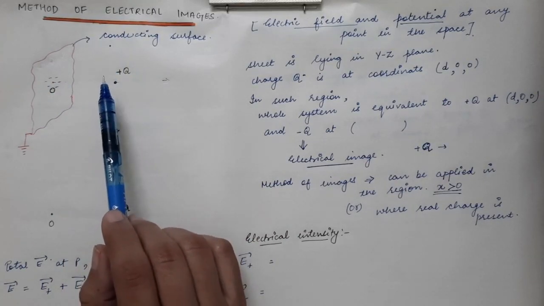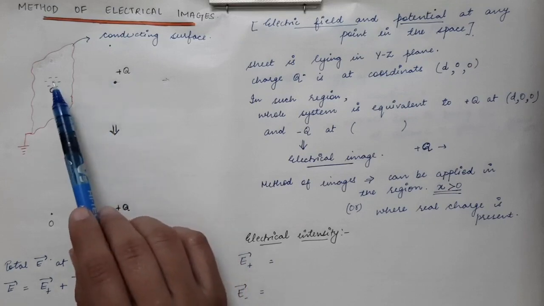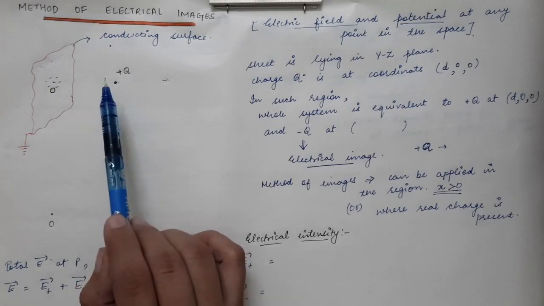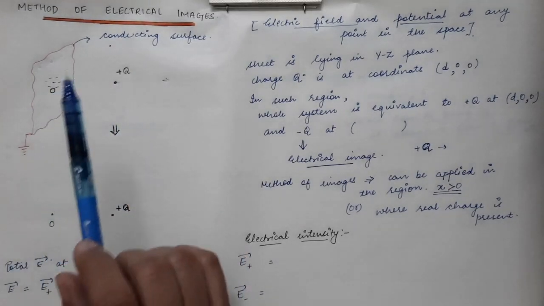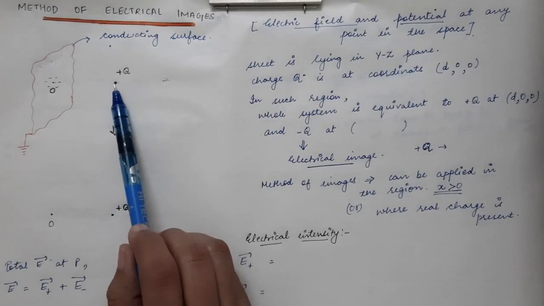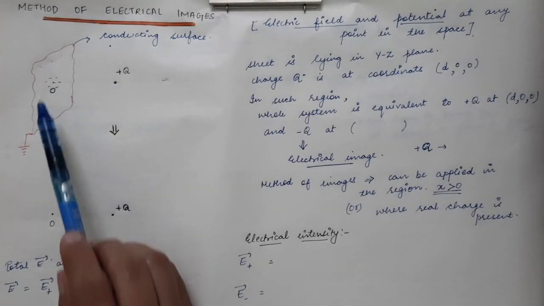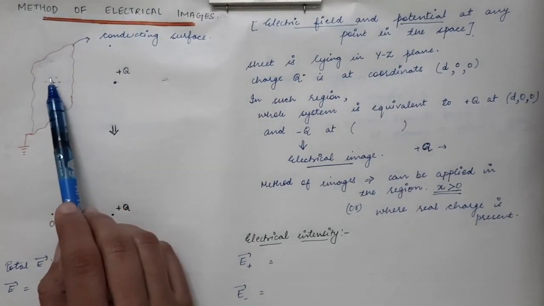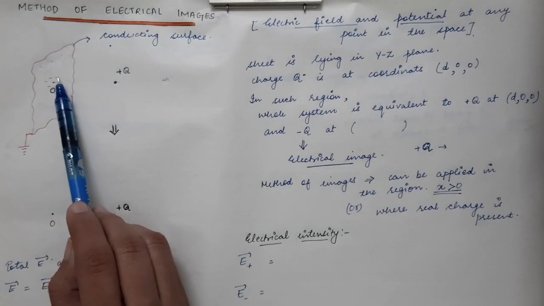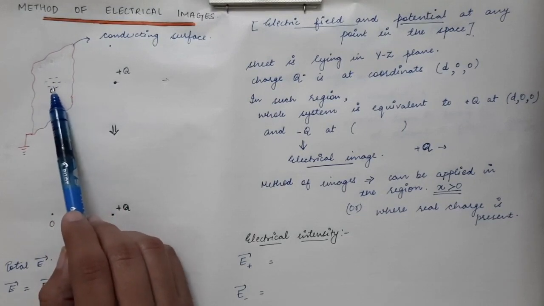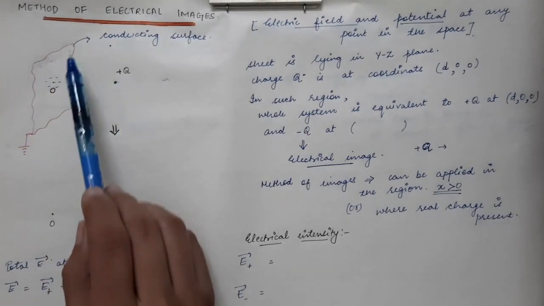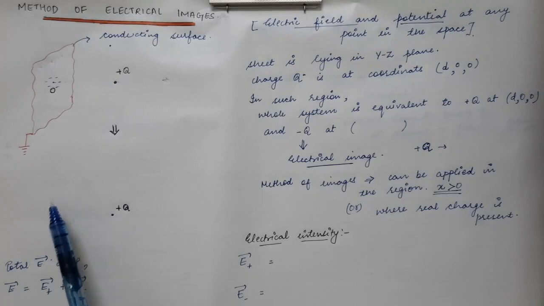To solve for the electric field and electric potential due to this kind of system, we replace it with another equivalent system. So what do we replace it with? The plus q charge remains as it is, and the origin remains as it is. Now instead of a conducting surface, which had a charge of minus q induced due to the plus q charge, this conducting surface is no more drawn in the second picture, but instead a minus q charge is drawn.